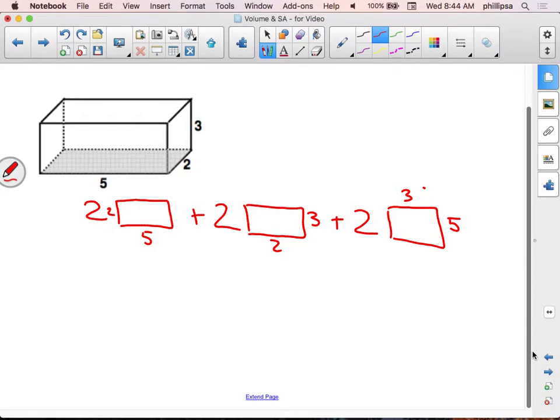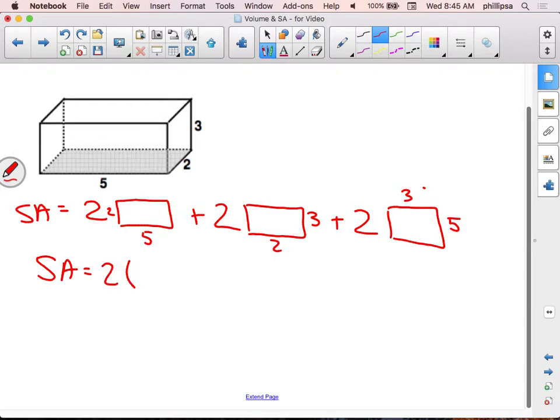If I can find the areas of all these separate rectangles and add them together, that is all that needs to be done to find the surface area. It's like I'm taking apart this 3-dimensional figure into the 2-dimensional figures that make it up. Then I take the area of all of those and add them together.